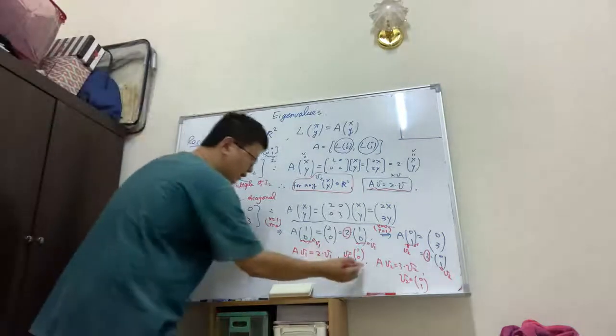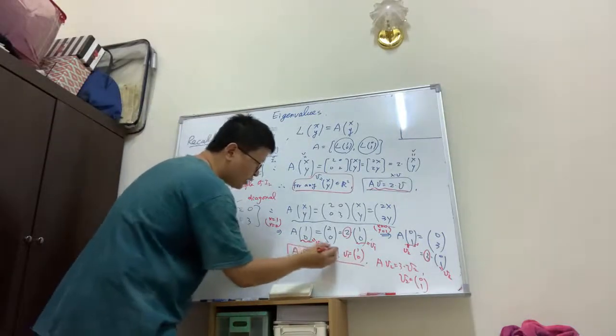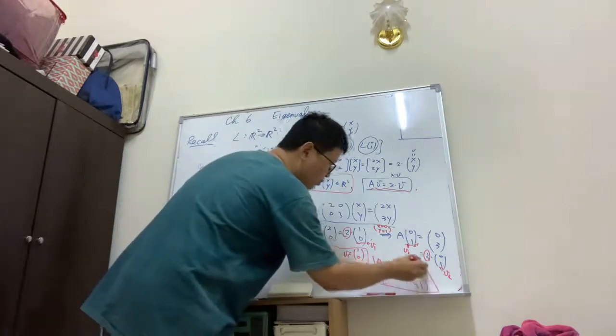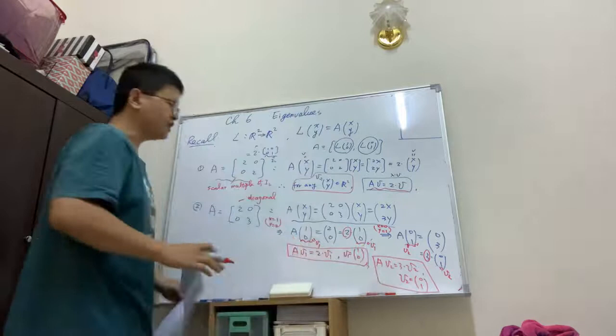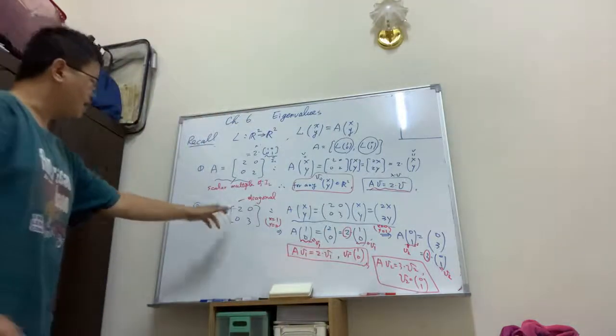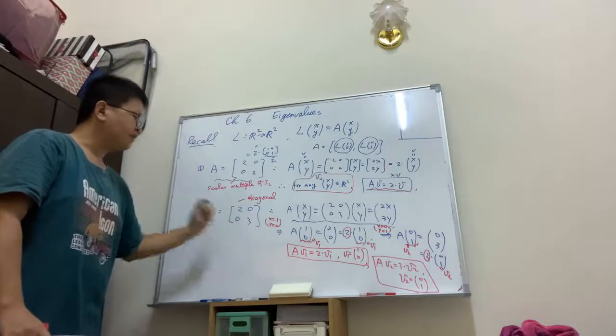So now we have AV1 equals 2 times V1, where V1 is this vector, and AV2 equals 3 times V2, where V2 is another vector. Okay, it's the diagonal case, and the diagonal entries are different.